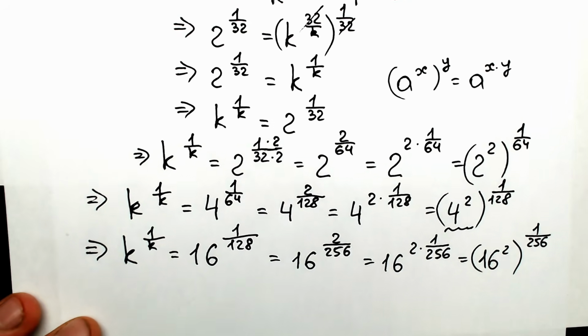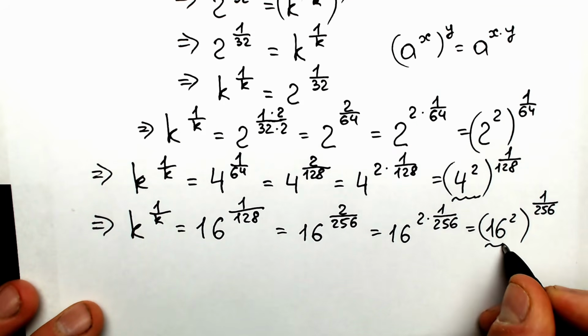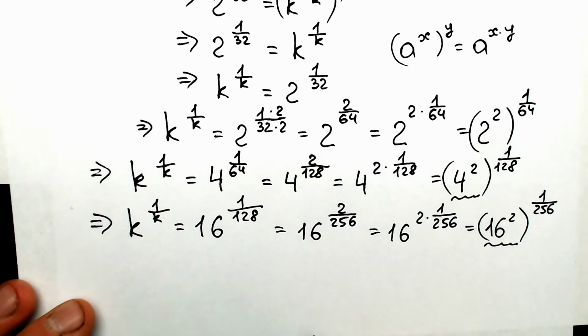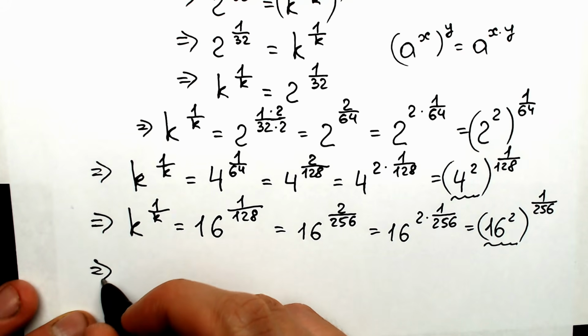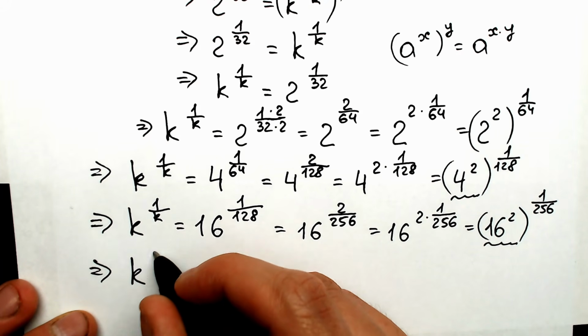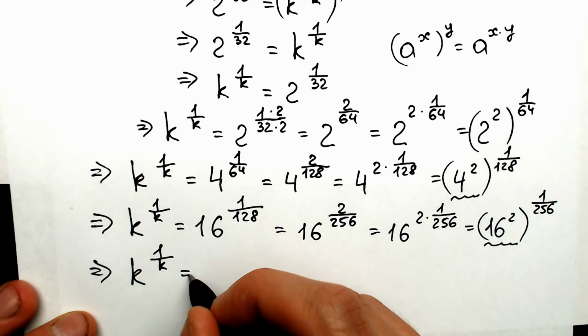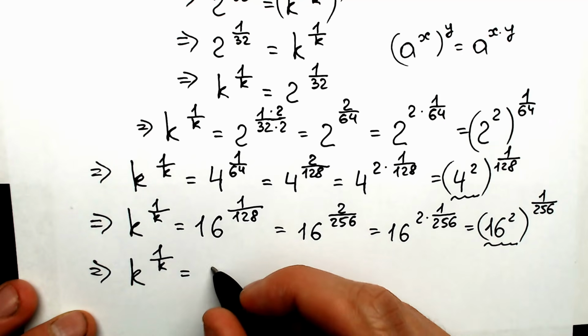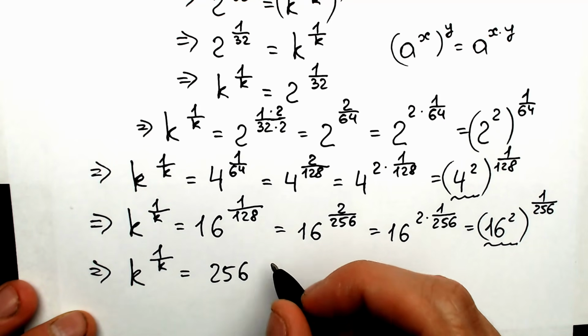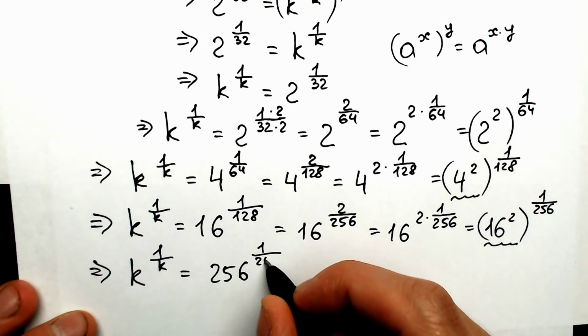And right now let's look closely at what we have, because 16 squared equals 256, so basically we have k to the power 1 over k equals 256 to the power 1 over 256.